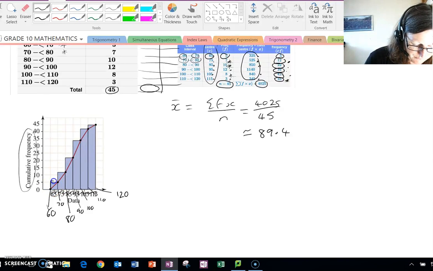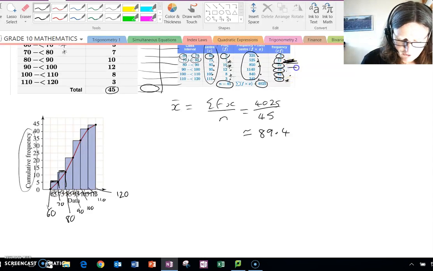So we go up and go across to 5. Between 70 and 80, the cumulative frequency was 12. So we go up here to 12. Between 80 and 90, the cumulative frequency was 22. So this histogram goes up to 22.